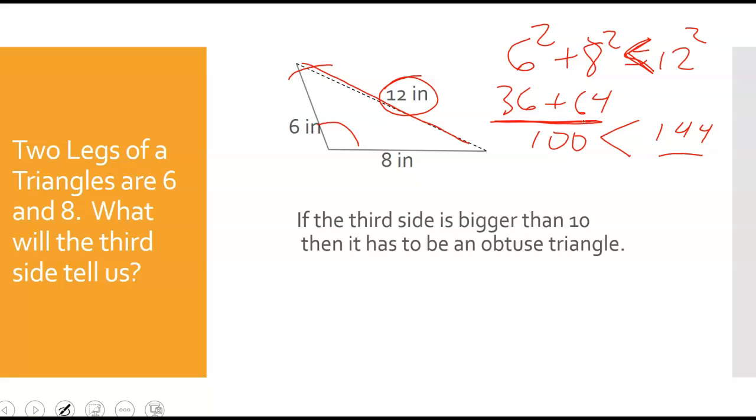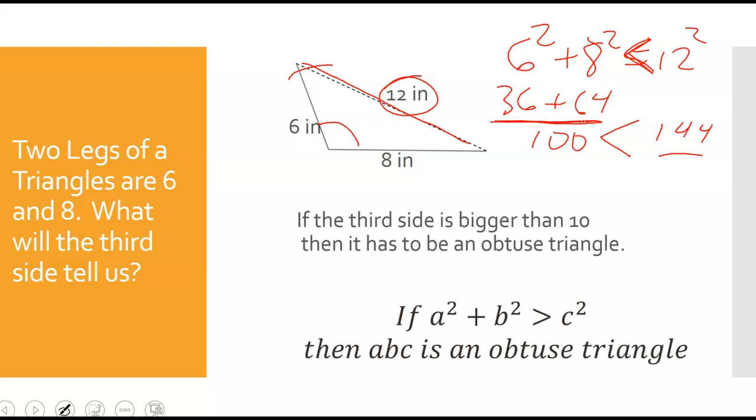So in words, it would look like this. If the third side is bigger than 10, then it has to be an obtuse triangle. And so if a squared plus b squared is less than c squared, okay?